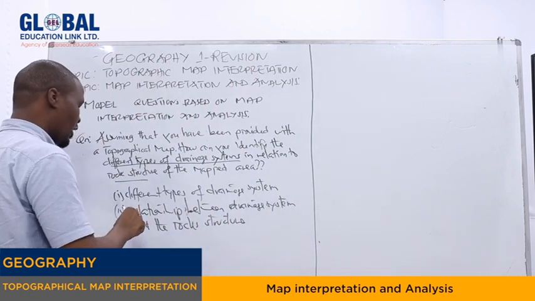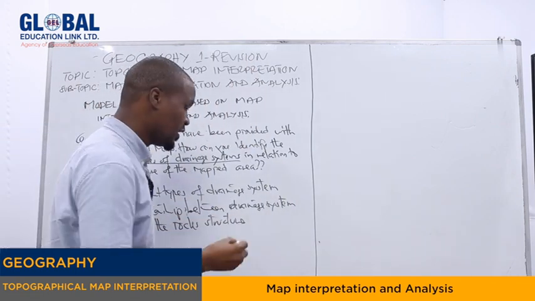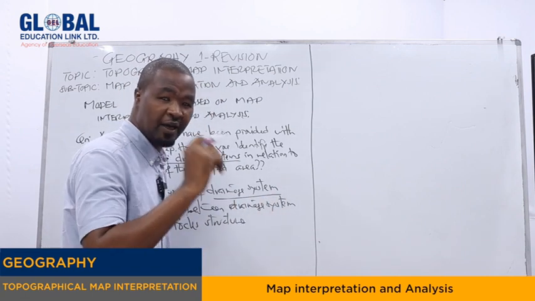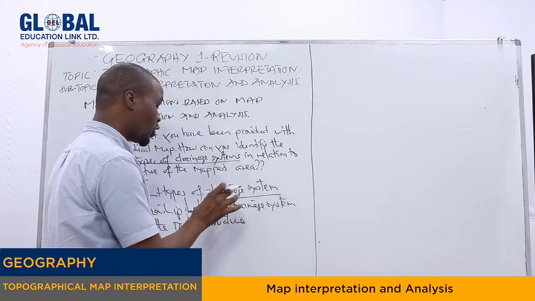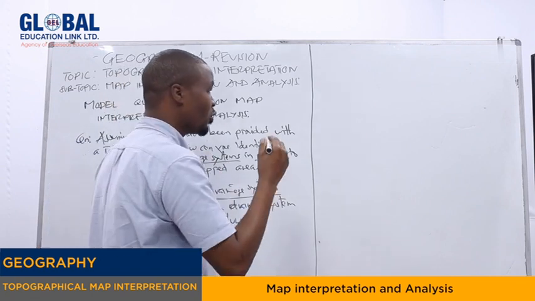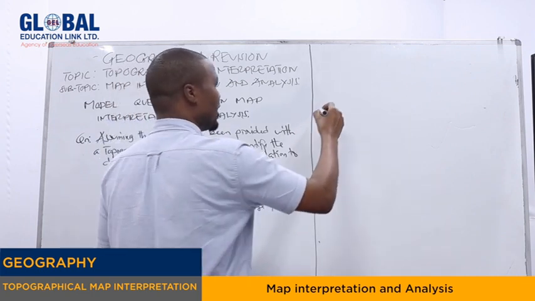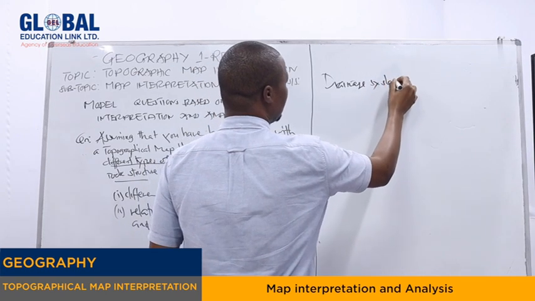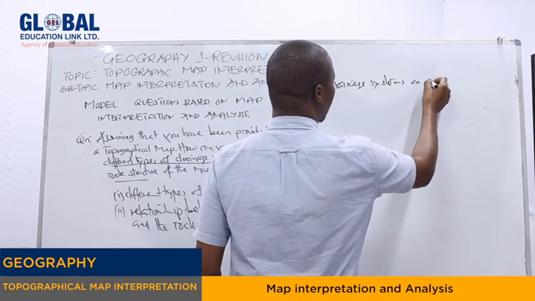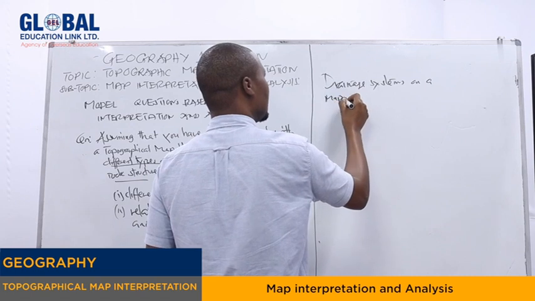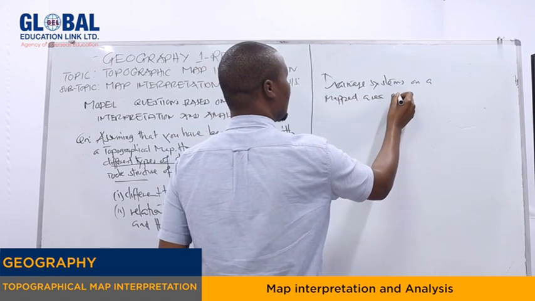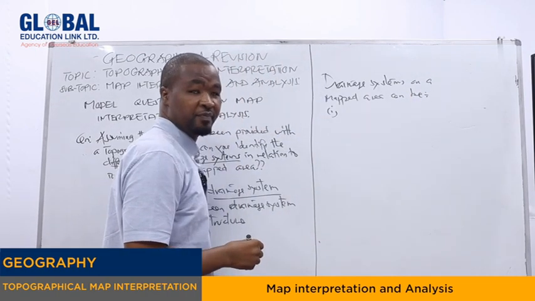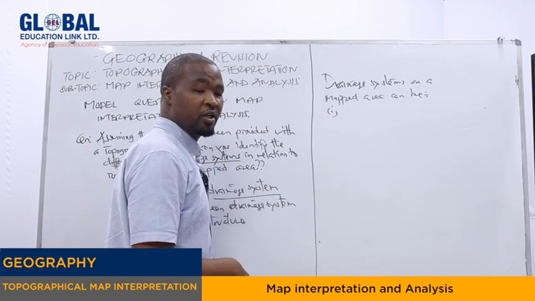So right now we have to explain different types of drainage system. As I said, the drainage system will refer to the presence of any form of water bodies over the mapped area. In explaining the drainage system found on a mapped area, it can be rivers flowing to different directions within the mapped area.